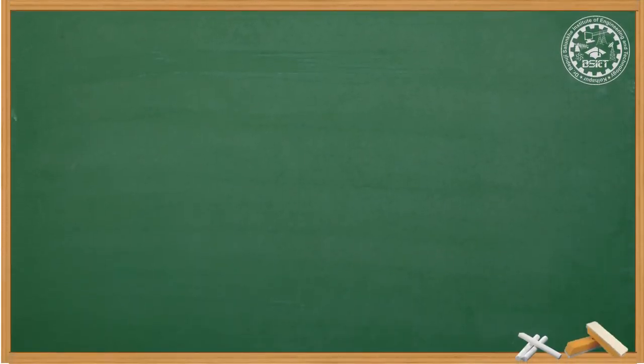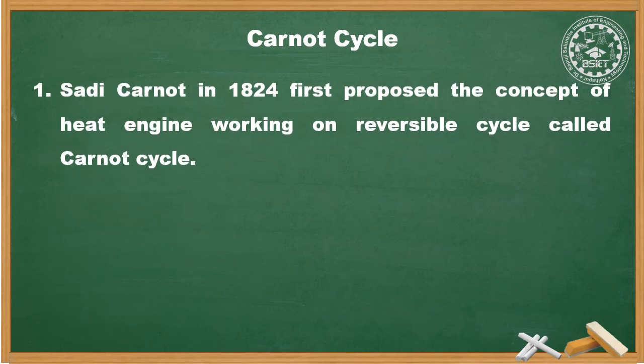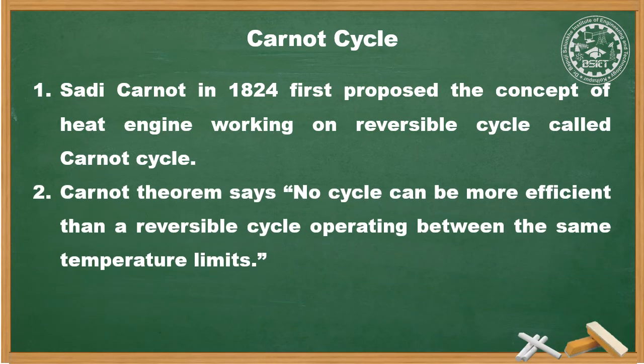First is the Carnot cycle. Sadi Carnot in 1824 first proposed the concept of a heat engine working on a reversible cycle, that is, with no friction between the working parts, called the Carnot cycle. According to the Carnot theorem, no cycle can be more efficient than a reversible cycle operating between the same temperature limits.